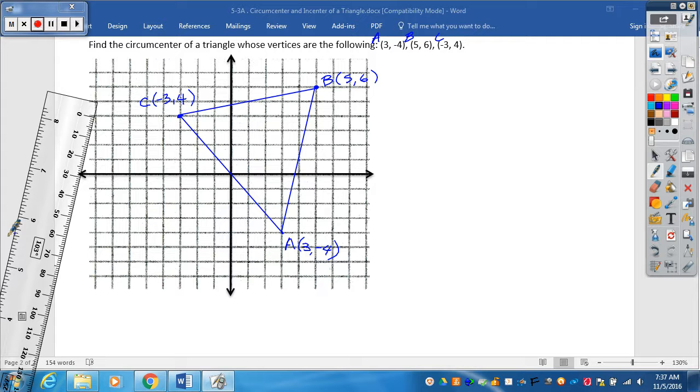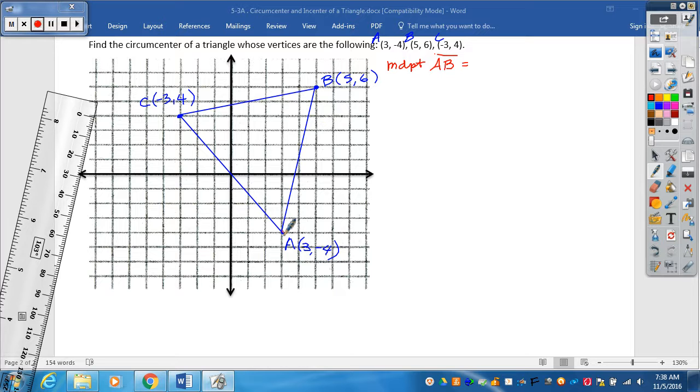So if we work this out, remember the first thing we did in the previous couple of circumcenter problems was to find the midpoint. So if I find the midpoint of AB, you can use your midpoint formula, or I can do half the rise and half the run.